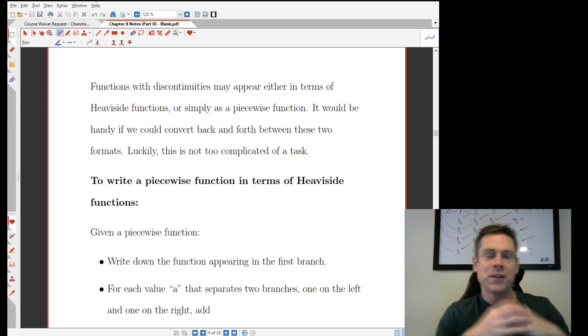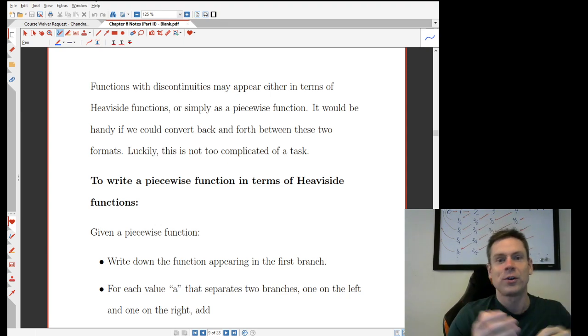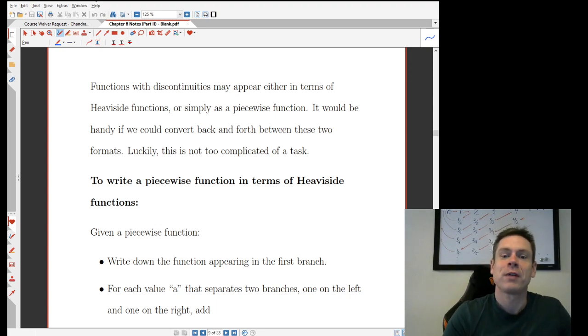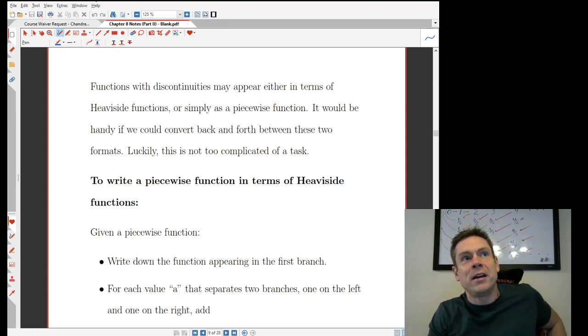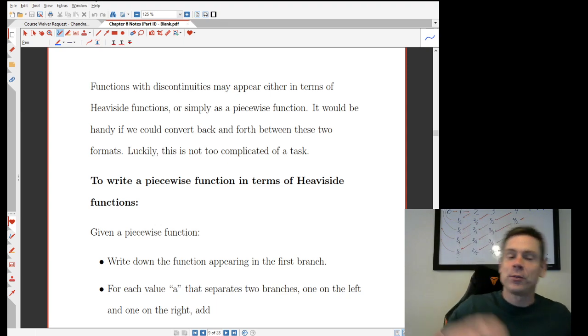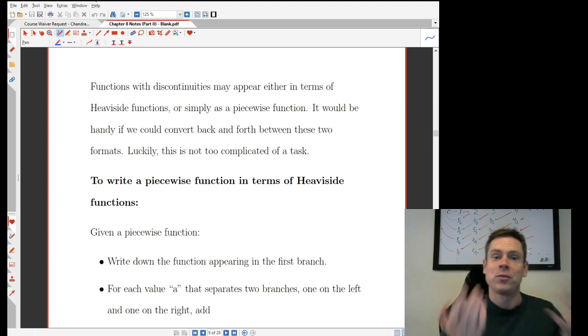There are different ways to represent piecewise functions. We can use a traditional piecewise function setup, or we can write it in terms of a sum of these different Heaviside functions. And it's really useful to be able to convert between the two, because when you have a differential equation with some sort of switching behavior on the right-hand side, that might be written in terms of a piecewise function.